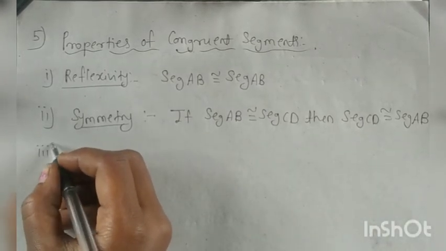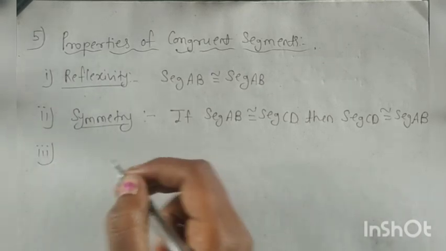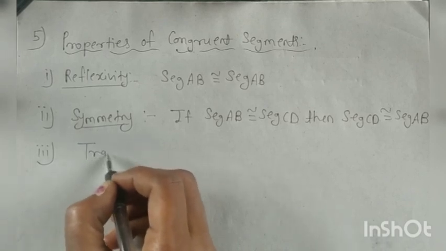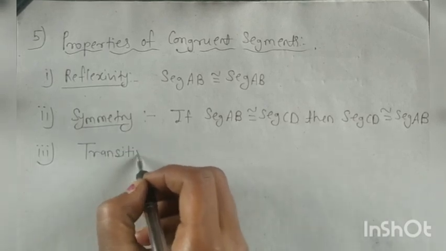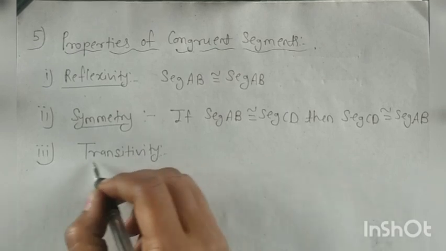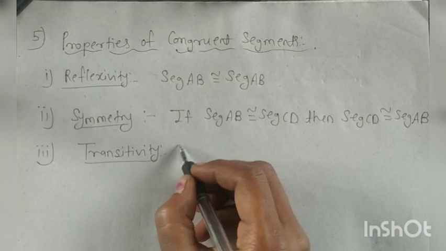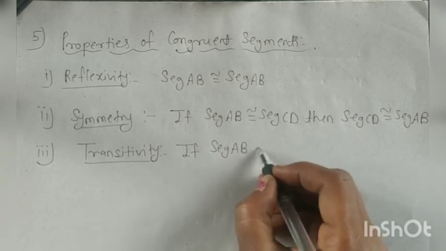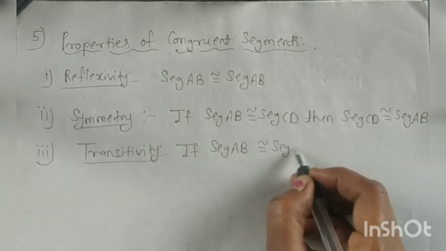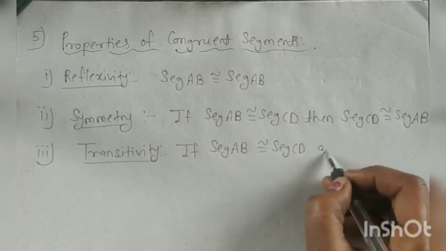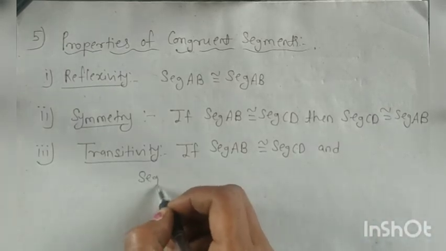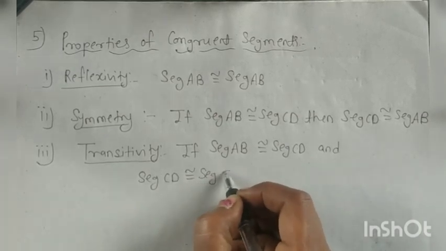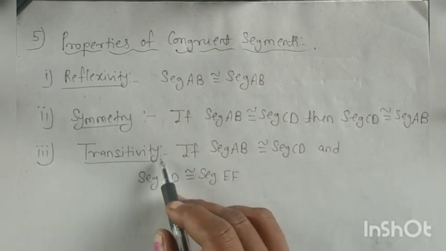Now see the third property of congruent segments: transitivity.